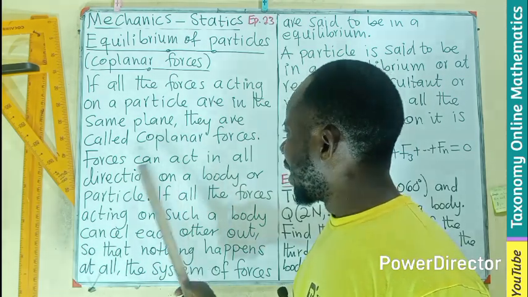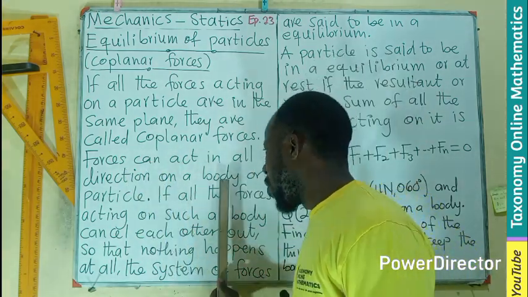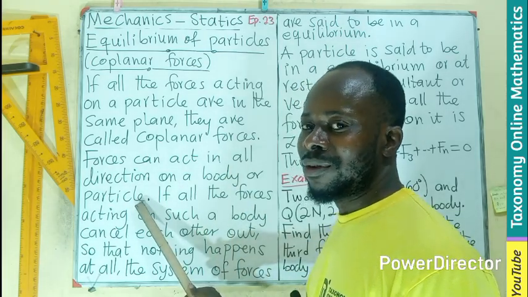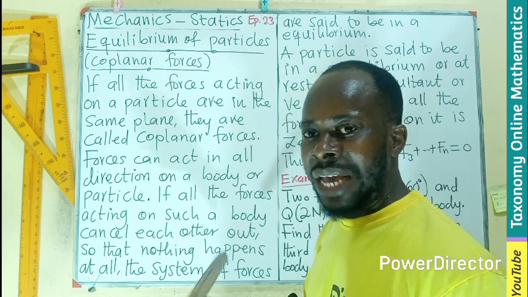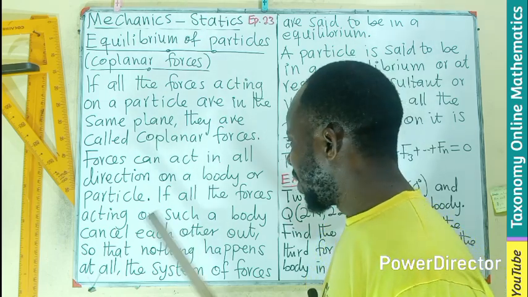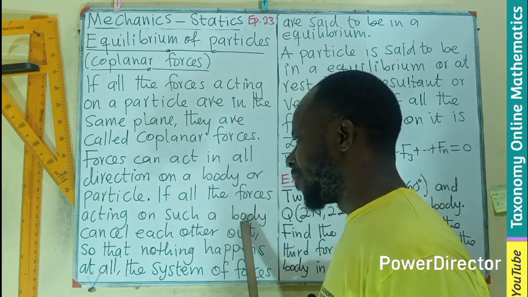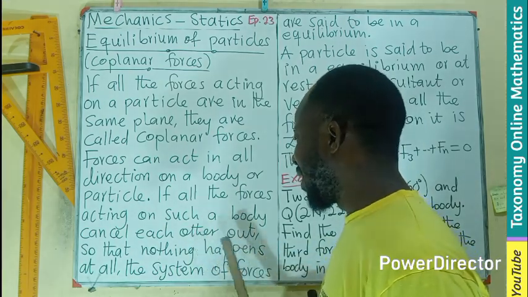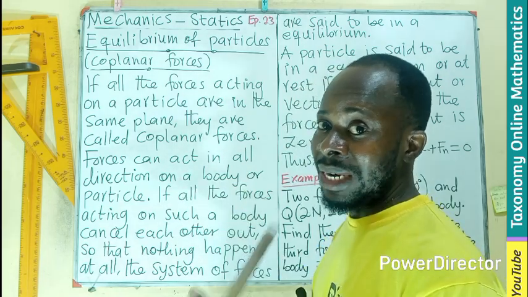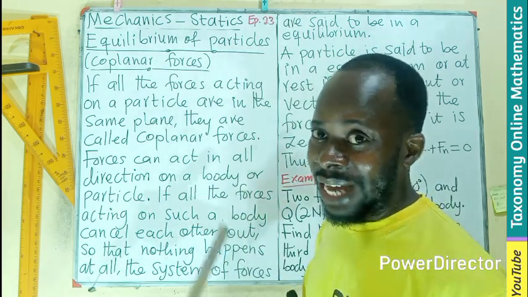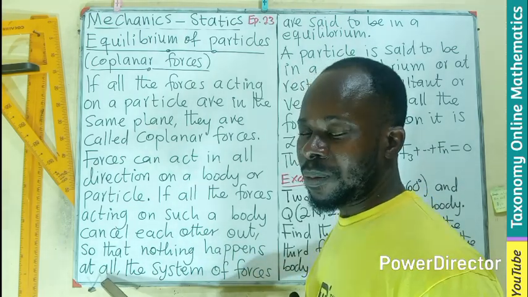All right. Then forces can act in all directions on a body or a particle. So it can be in any direction, upward, downward, left, right, any direction at all. Now, if all the forces acting on such a body cancel each other out, the upward force and the downward force cancel, the left and right cancel, so that nothing happens at all.